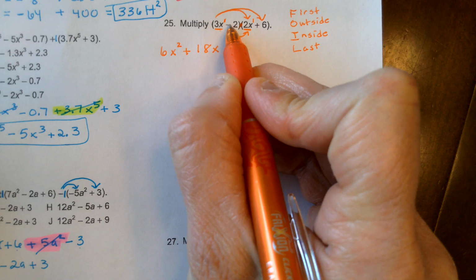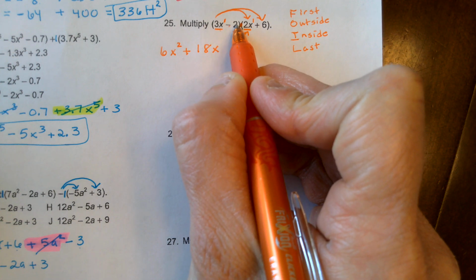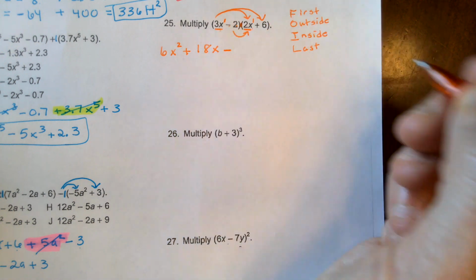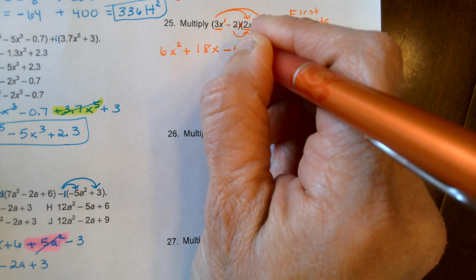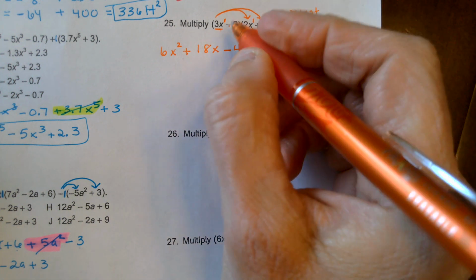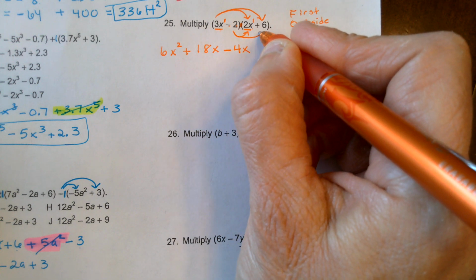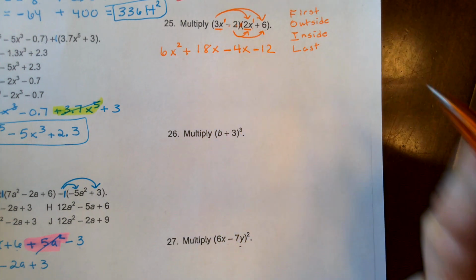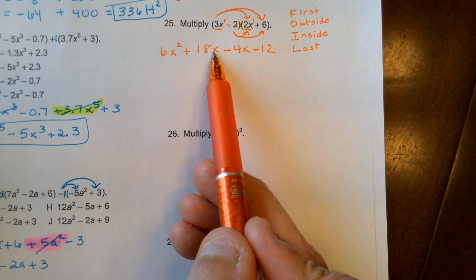Negative, make sure the negative comes with you, negative 2 times 2x is a negative 4x. Again, plus a negative is the same as subtract. And last terms, negative 2 times 6 is a negative 12. 1, 2, 3, 4.